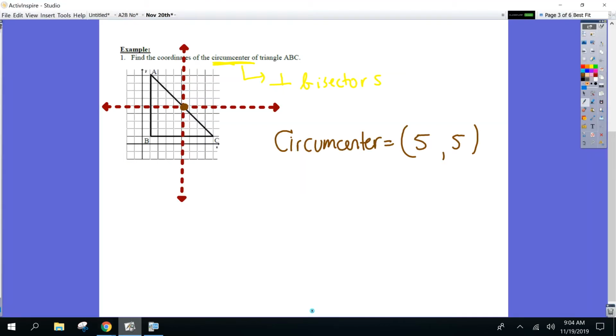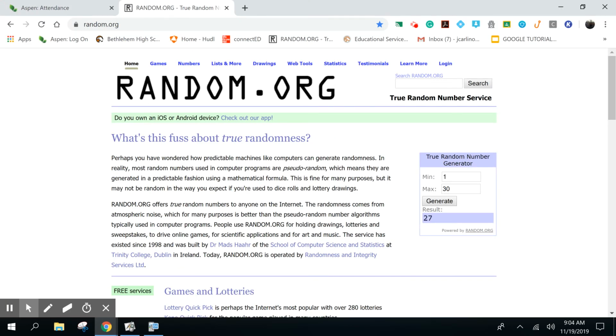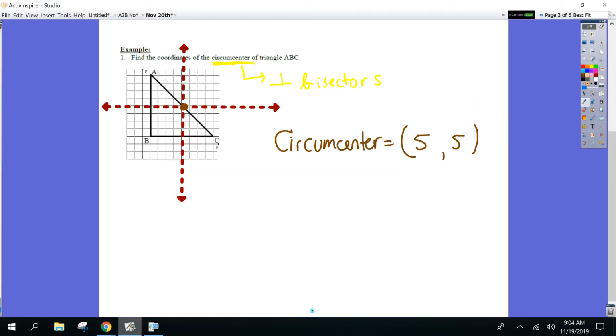The circumcenter is the intersection of all three what? Perpendicular bisectors. Good. The circumcenter is equidistant from the what in a triangle? What's the special fact? So here's the circumcenter.